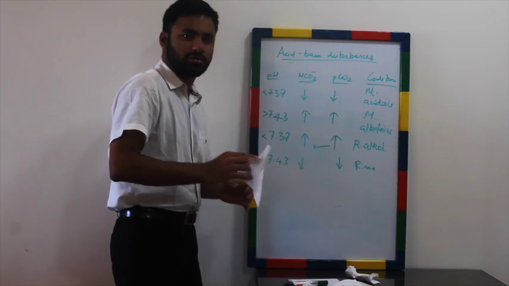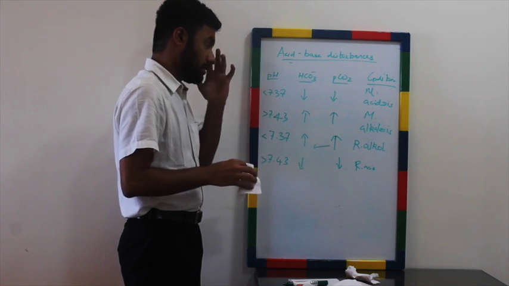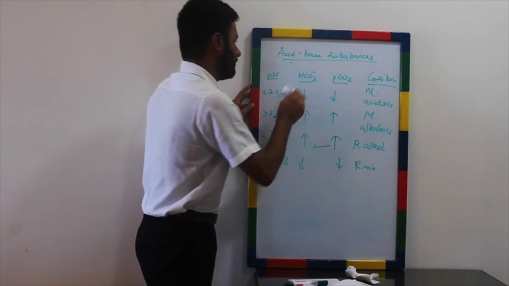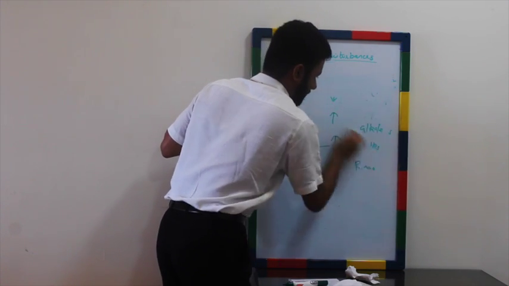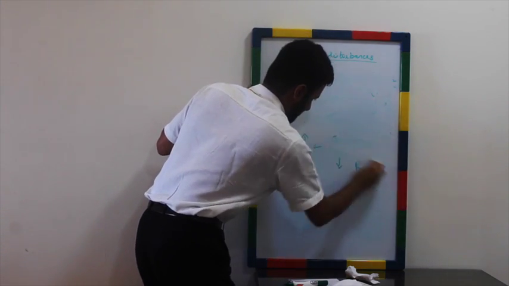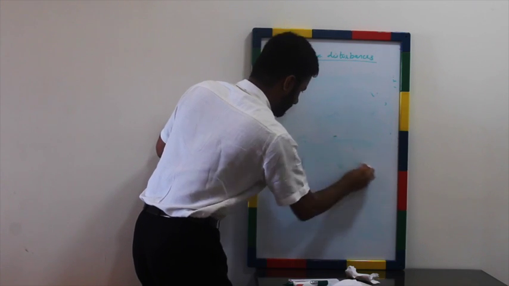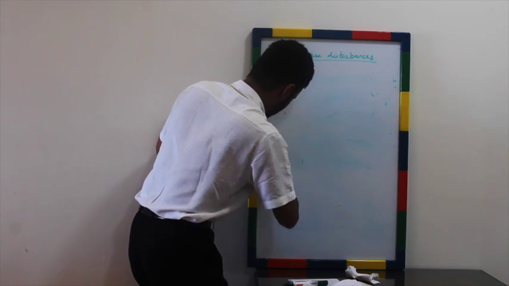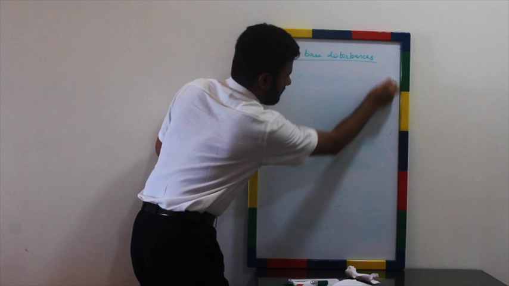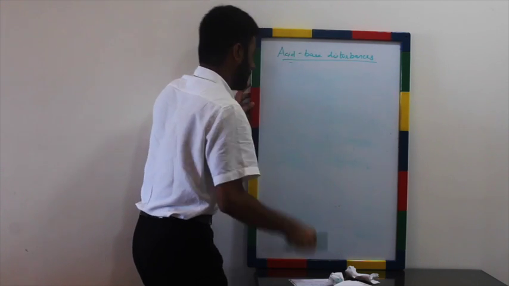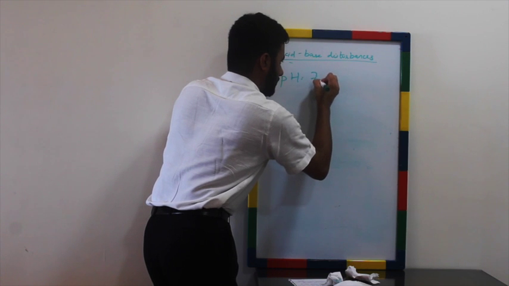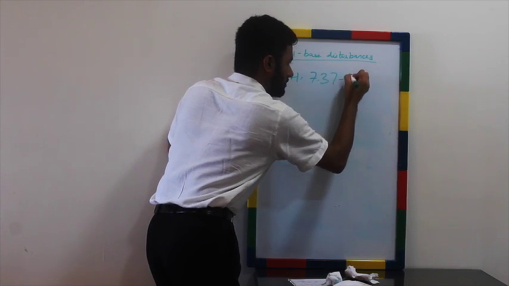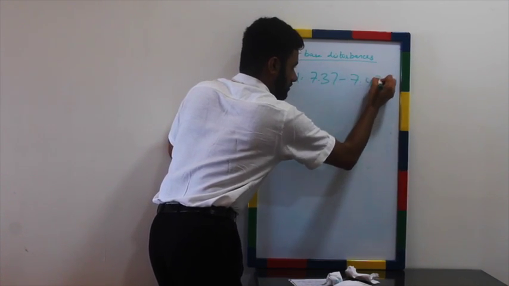So at this stage, you should know the normal values for bicarbonate and PCO2. Normal pH is 7.37 to 7.43.